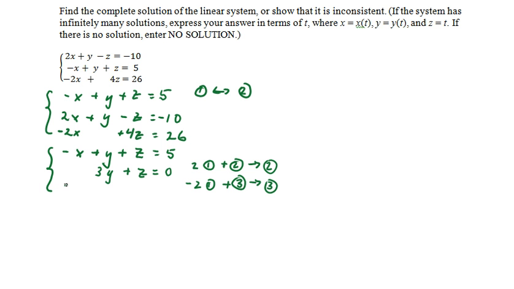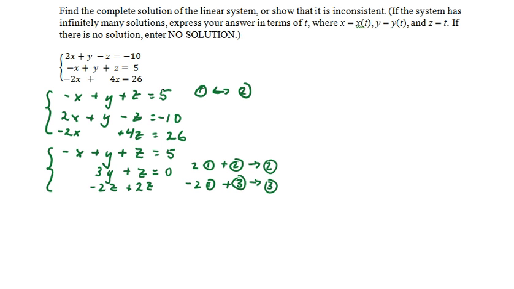For the third equation, we'll have 2x plus negative 2x. The x term will be eliminated in the third equation. We'll have negative 2y, we'll have negative 2z plus 4z is 2z.